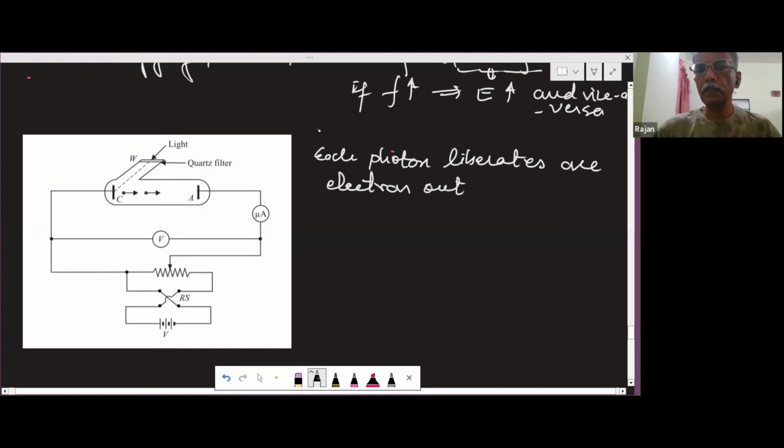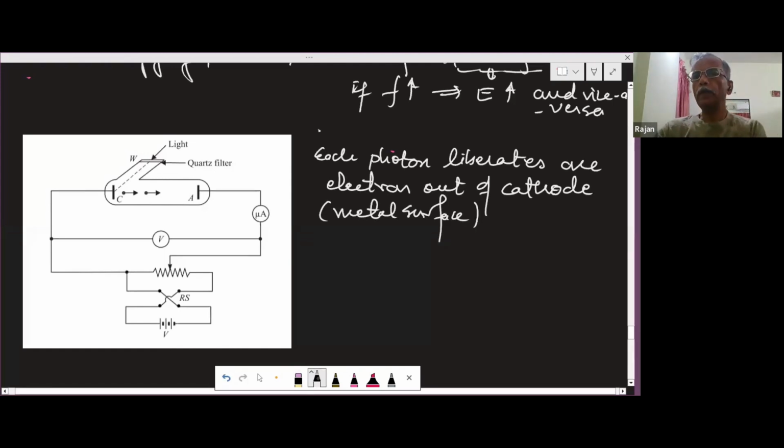The metal surface is here, the cathode. Cathode is a metal surface, right? One photon, one electron.